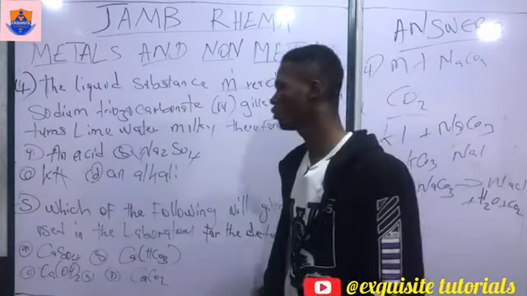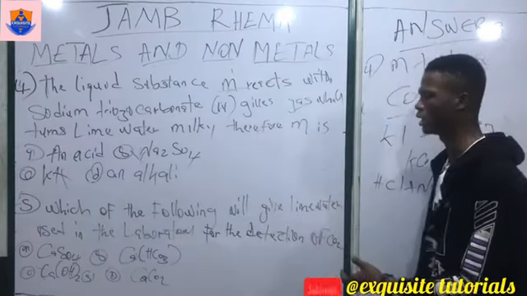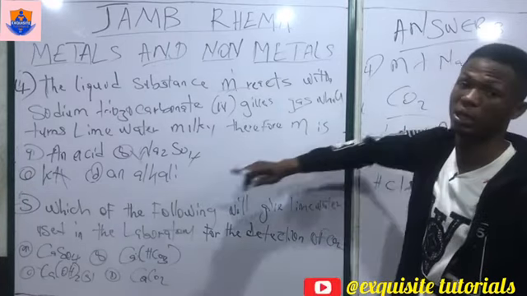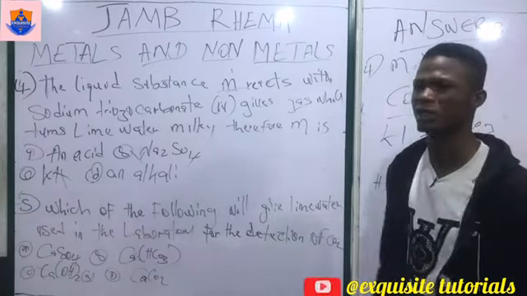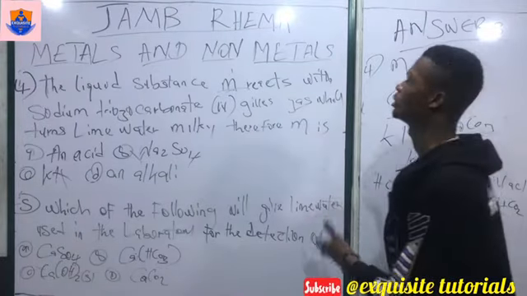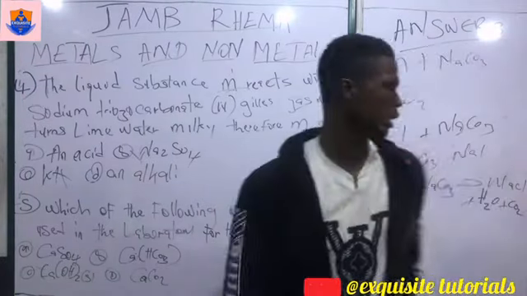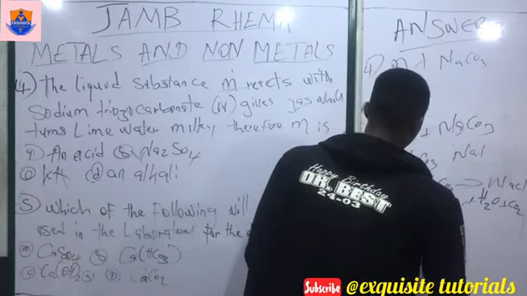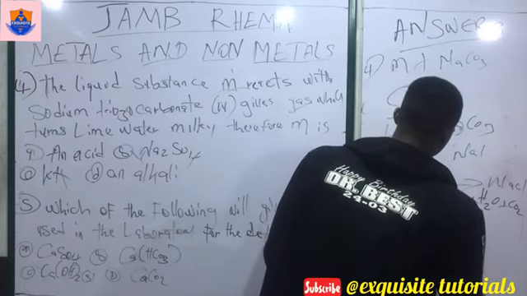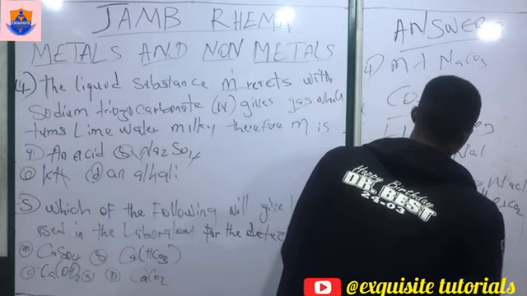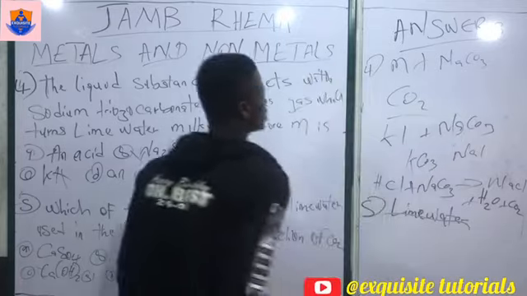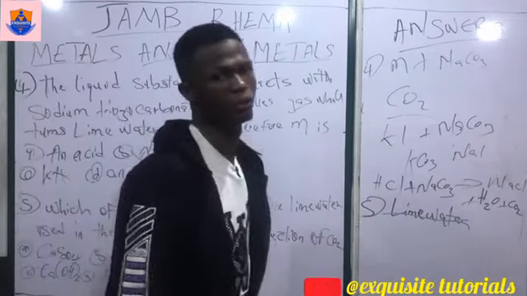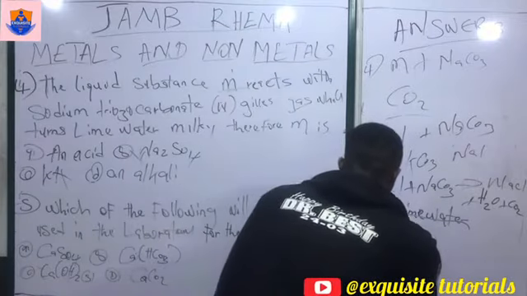Now, when we are talking about lime water, since we know that CO2 is what turns lime water milky, what you should be interested in knowing is, what is lime water? Lime water, okay, number 5. Lime water is actually the aqueous solution of calcium hydroxide.